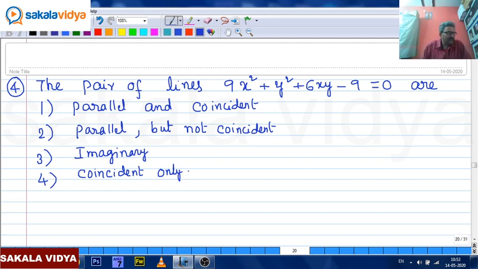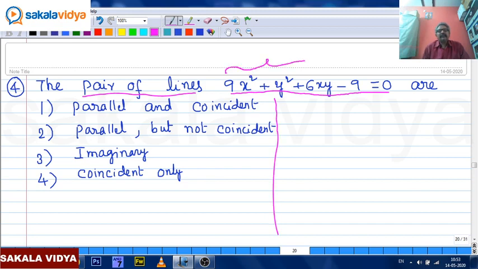Right. But you remember the pair of lines 9x square plus y square plus 6xy minus 9 is equal to 0 does not pass through the origin. Does not pass through the origin means we need to find out the factors first. Let us find out factors. See, this is a perfect square.